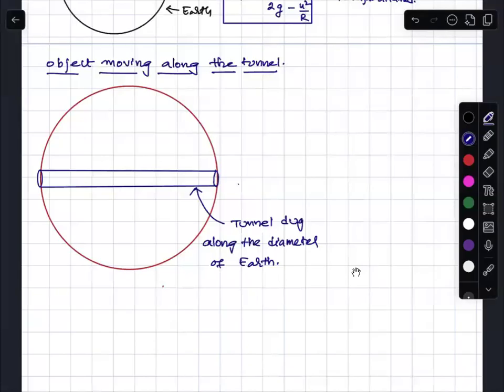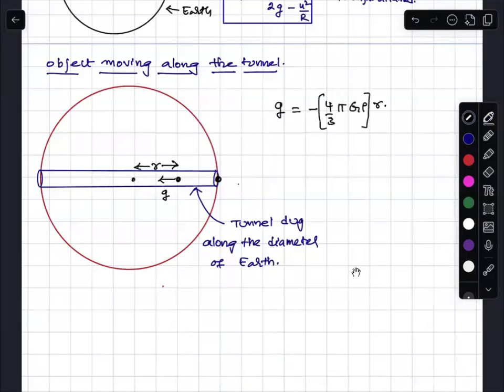Now you have released an object over here. Now please understand, when it reaches a particular distance, say r, it will experience g. Since it is attractive, I am representing it by minus 4 by 3 pi G rho r.